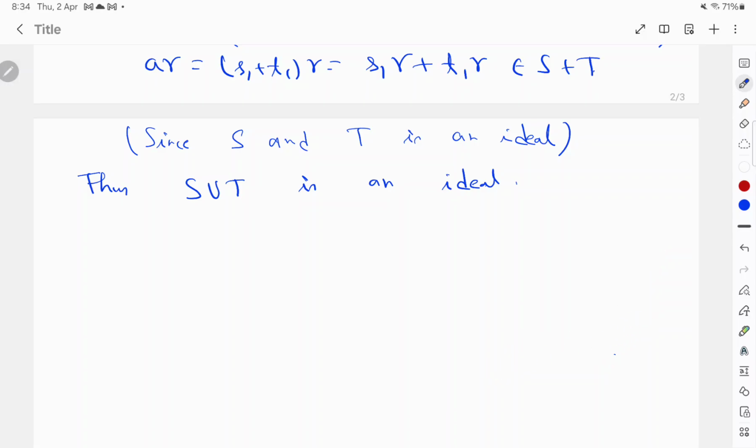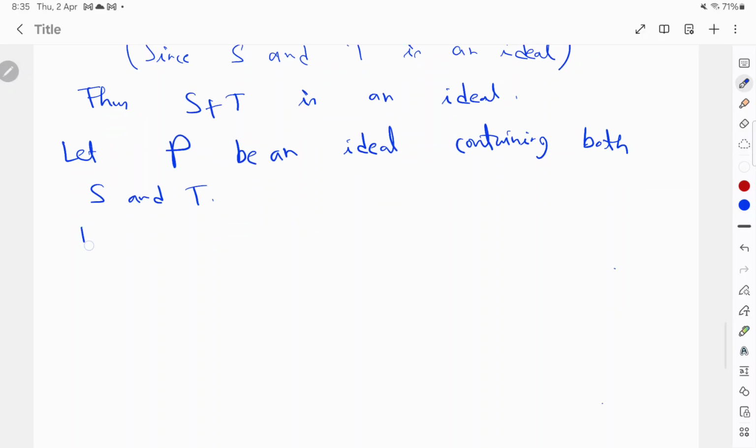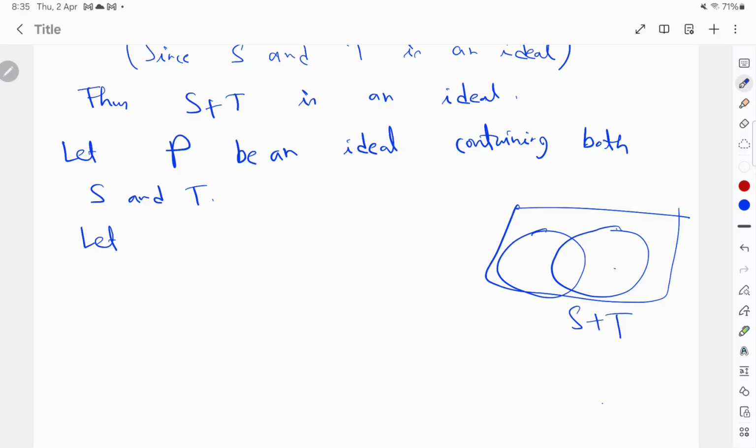So here also we'll consider that suppose there is some ideal that contains S union T. Thereafter we will show that S plus T is actually contained inside that P. So let P be an ideal containing both S and T. So this is S, this is T. Suppose this is S union T. This is just a rough picture, we don't know the exact structure.